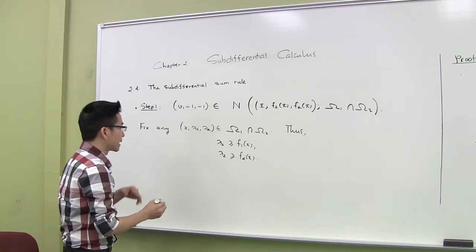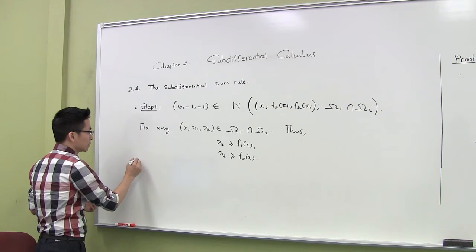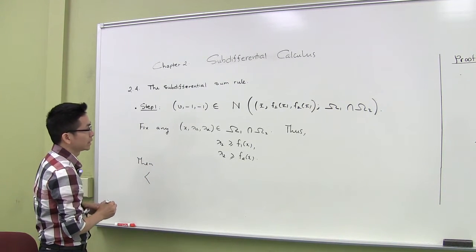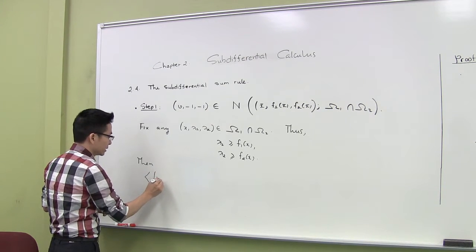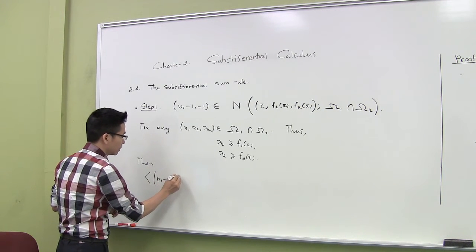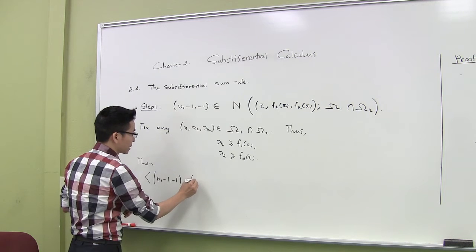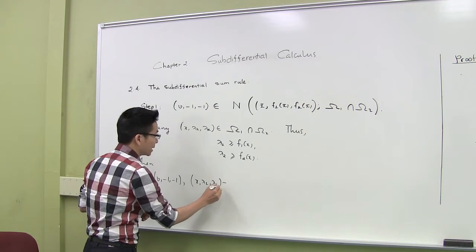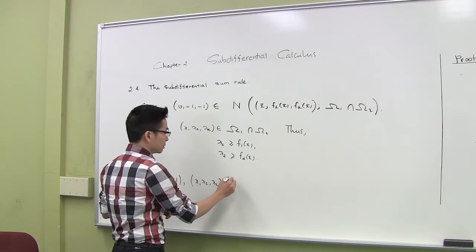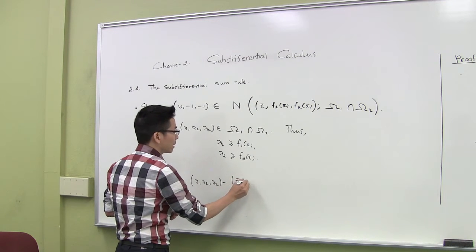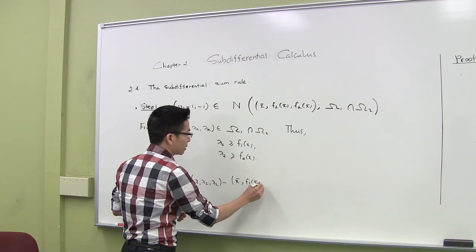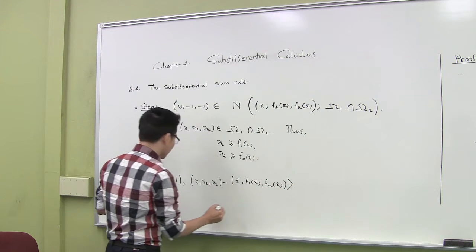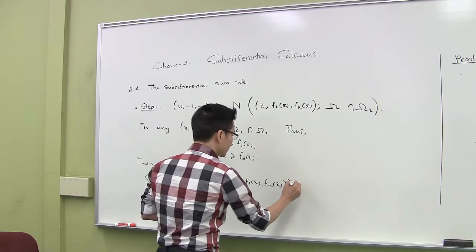And then if we compute the following inner product, (v, minus 1, minus 1) with (x, lambda 1, lambda 2) minus (x bar, f1 of x bar, f2 of x bar), this is equal to the following.